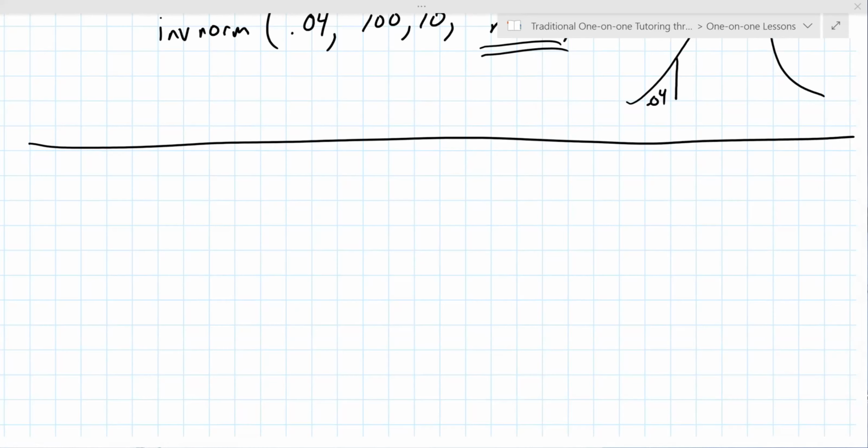One second. Oh, I can send the link in the chat too if that works.